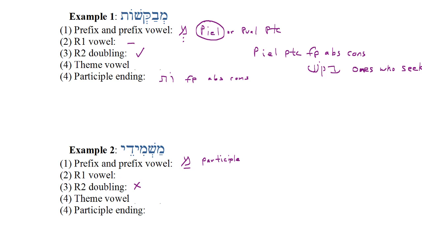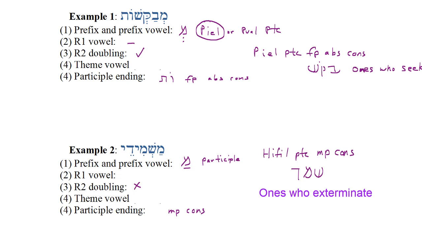The theme vowel was helpful in knowing it was a Hiphil before we even started. And the participle ending is masculine plural construct. So we have a Hiphil participle, masculine plural construct of the root shamad, and in the Hiphil this means to exterminate, and so we translate that ones who exterminate, and that would be in construct with something else in an actual sentence.